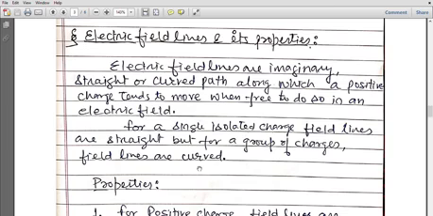Now let us start its properties. It must be clear to you that the degree of closeness of field lines represents the strength of the electric field. If lines are comparatively close, then the field will be stronger. If the lines are separated or diverging, the electric field strength will be less.